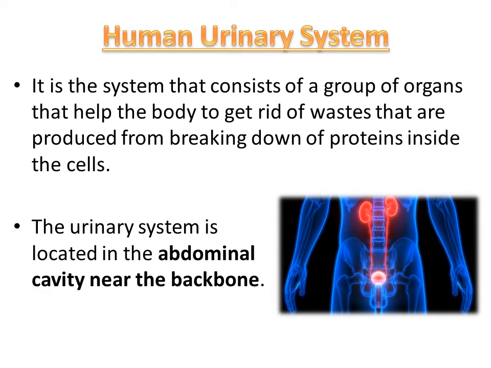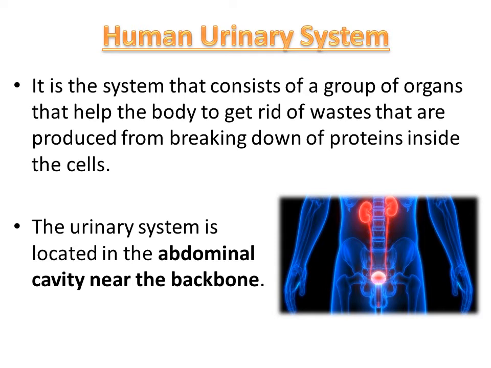Okay, now let's start talking in details about the urinary system. What is the urinary system? What does it do? Why do I have the urinary system in my body? The urinary system's job is to collect all the wastes that are in my body and remove it outside.